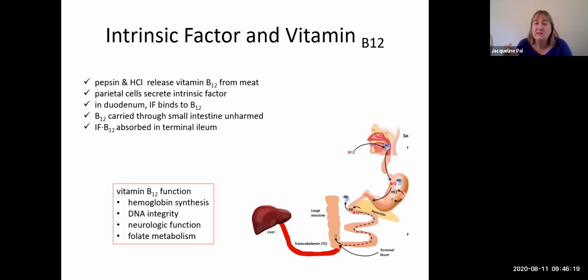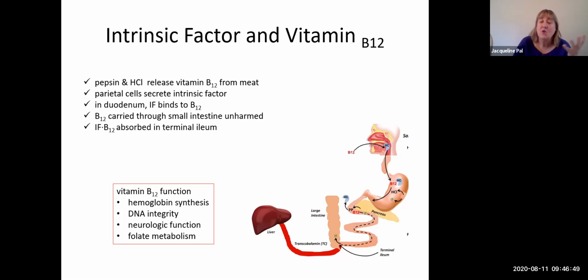The intrinsic factor allows the vitamin B12 to travel the entire length of the small intestine without being chemically digested. It goes all the way to the distal, terminal part of the small intestine, where this complex of intrinsic factor and B12 gets absorbed into your bloodstream and then gets broken apart.